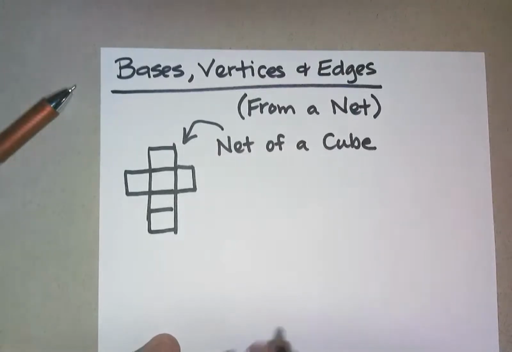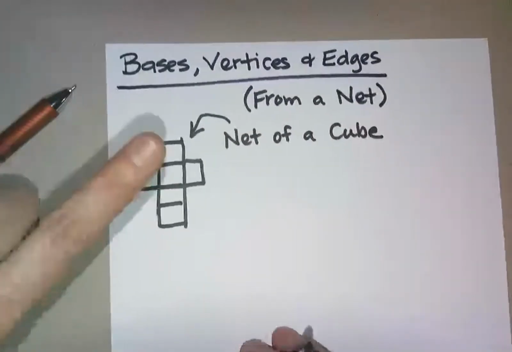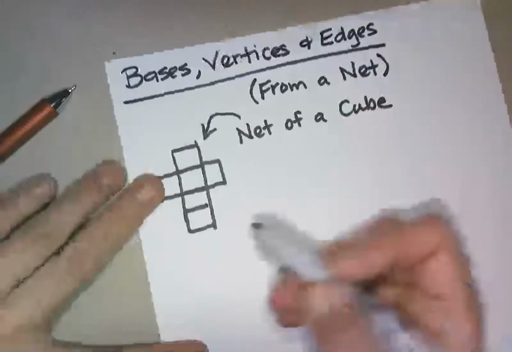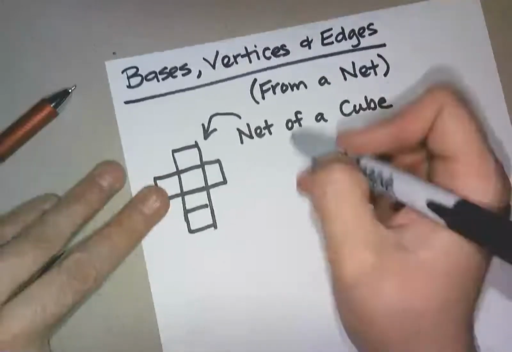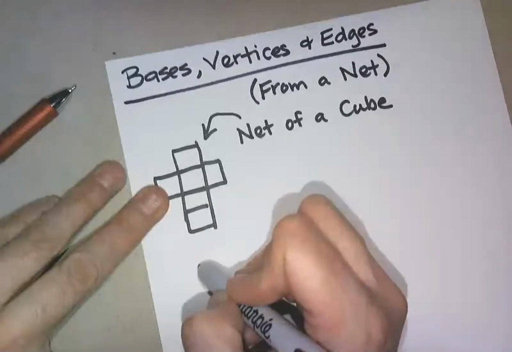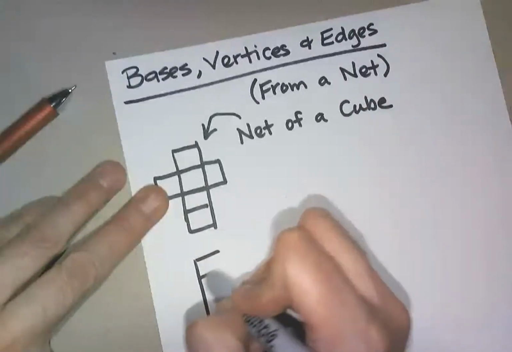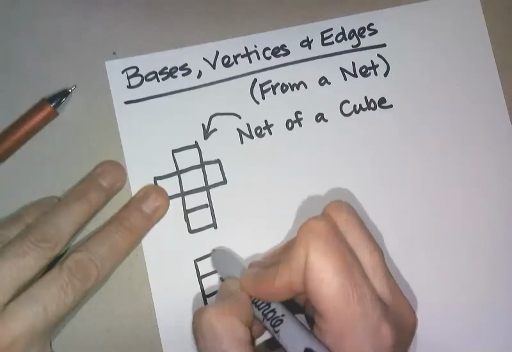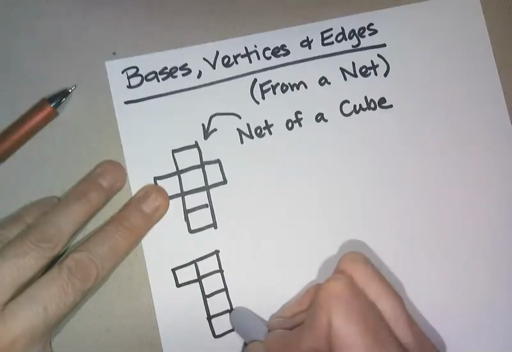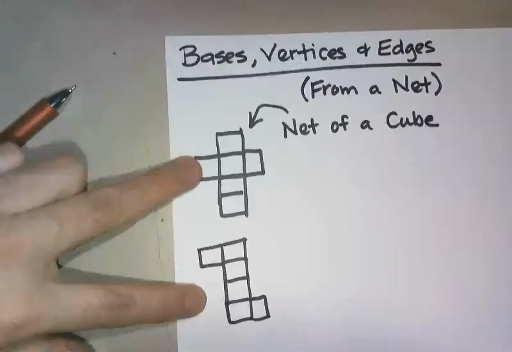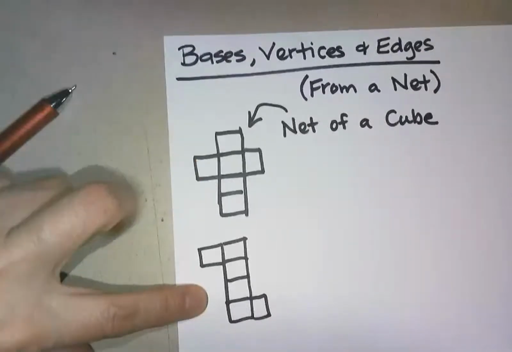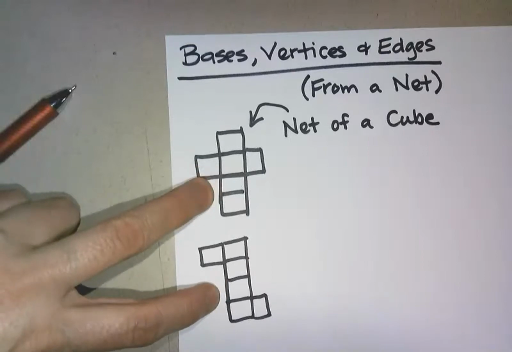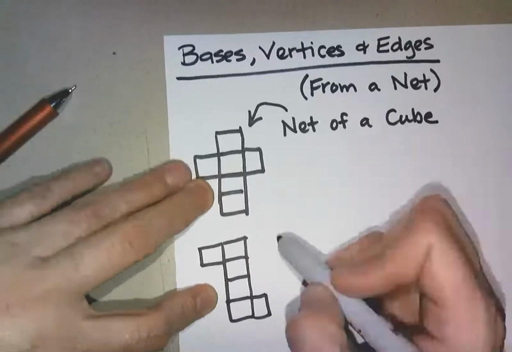okay? Remember, the net of a cube could look like this. It could look like, let me draw another one over here. 1, 2, 3, 4. I'm just giving 2 examples here. It could look like this. But as long as you recognize, hey, that's a net for a cube, then go ahead and draw your cube.